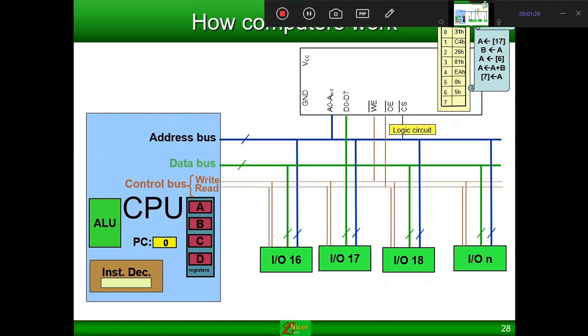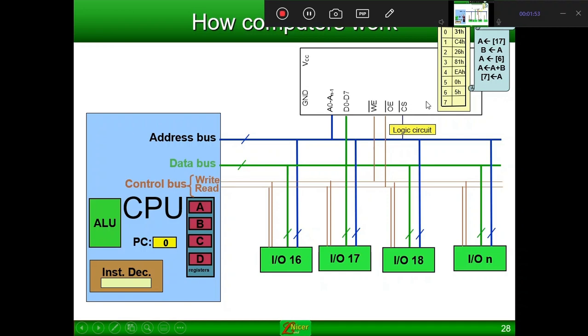It also includes the arithmetic unit, ALU, program counter, instruction decoder, and a register which has A, B, C, and D variables. At the top right corner, this is the simplest algorithm through which we can easily understand how our computer really works.